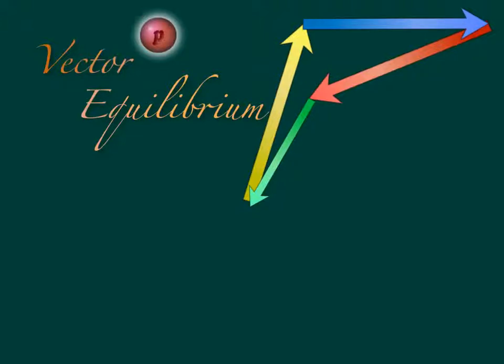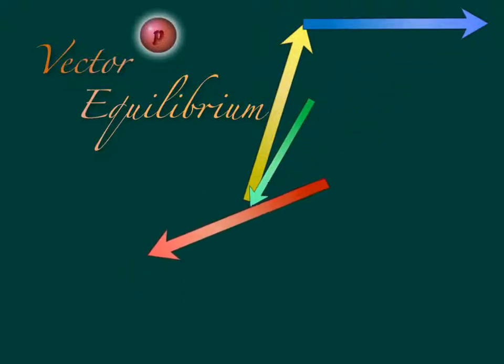That means that our starting point and our end point represent a vector with no size. And this is what happens when something is in equilibrium. The vectors add up to form a closed shape. So your starting and end points are the same. And it doesn't matter what order we do this in.